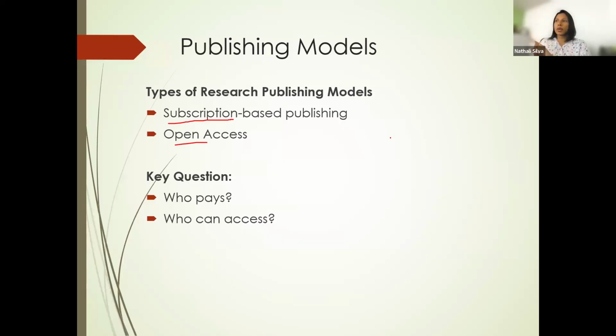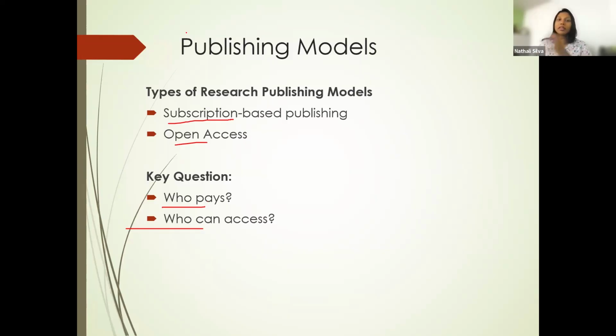So for these two key questions, you will get two different answers when it comes to subscription and open access. Who pays? The reader pays for subscription, and in open access, the author pays. Who can access?